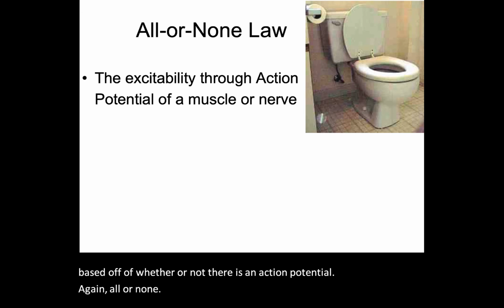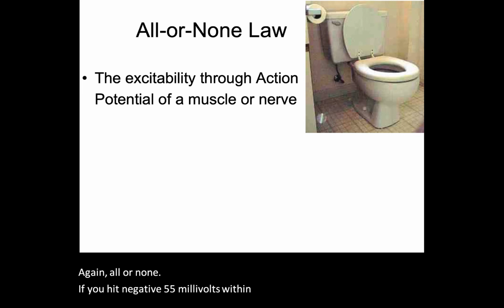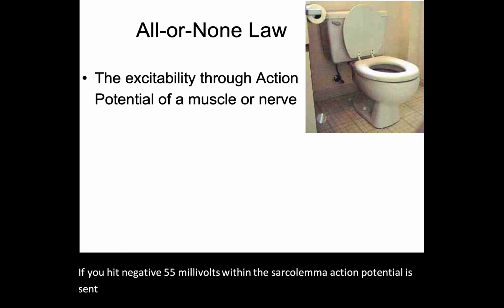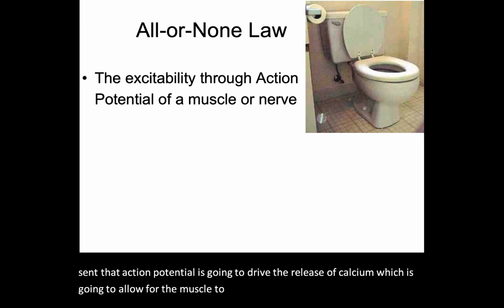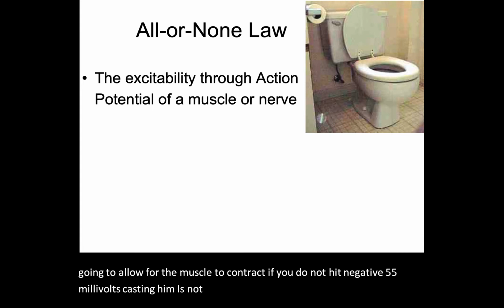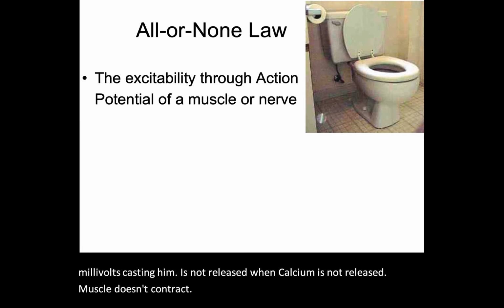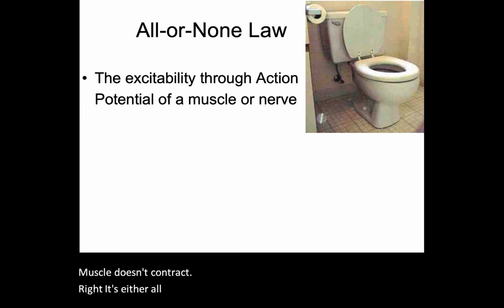If you hit negative 55 millivolts within the sarcolemma, action potential is sent. That action potential is going to drive the release of calcium, which is going to allow for the muscle to contract. If you do not hit negative 55 millivolts, calcium is not released. And when calcium is not released, muscle doesn't contract. Right? It's either all or none. You're either going to contract or you're not going to contract.